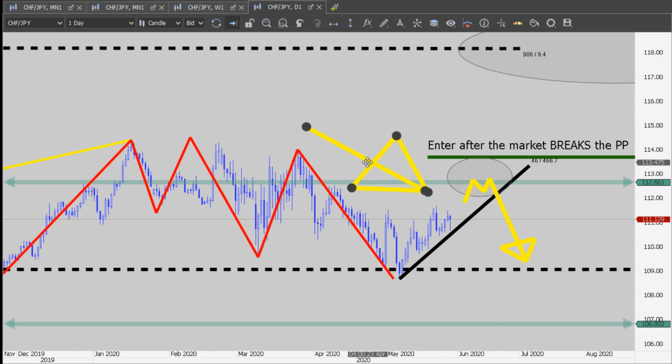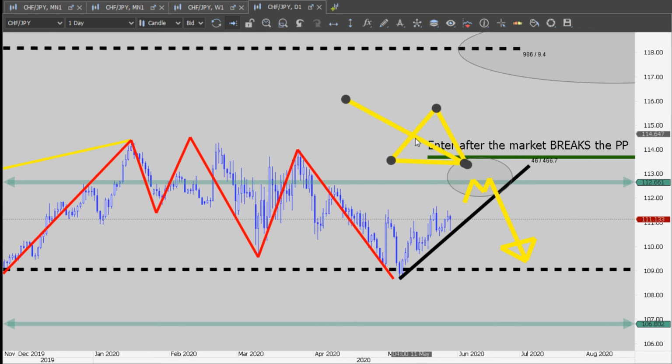But I'm telling you, everybody, you know this stuff already. And one of the biggest challenges is that some of you still don't check the higher time frames.